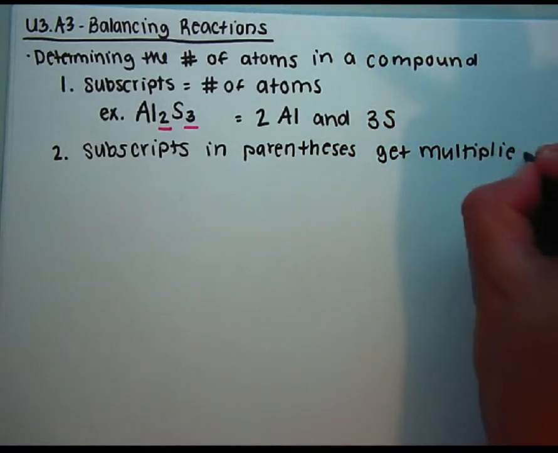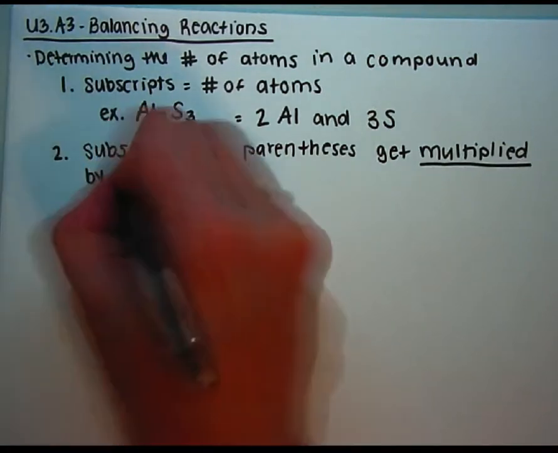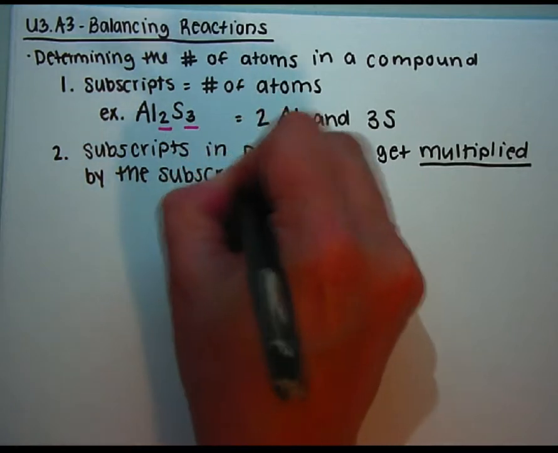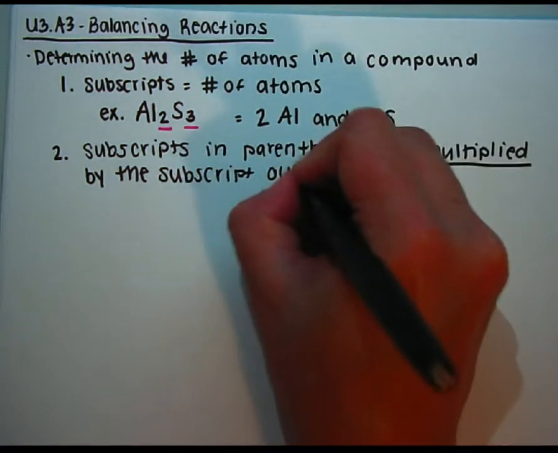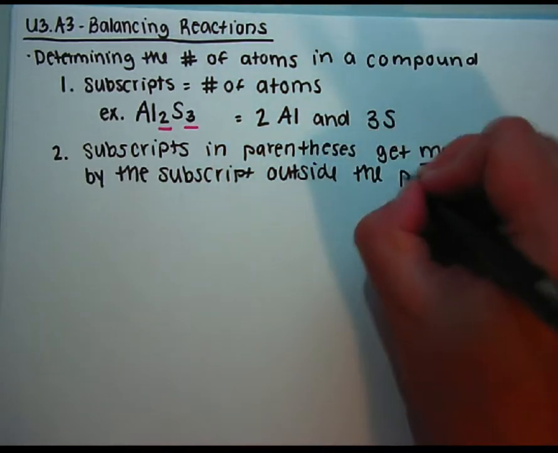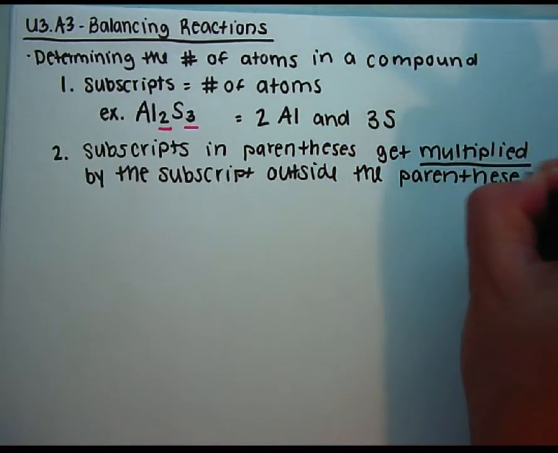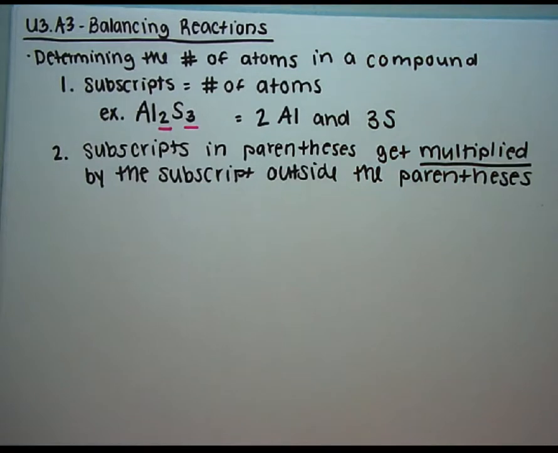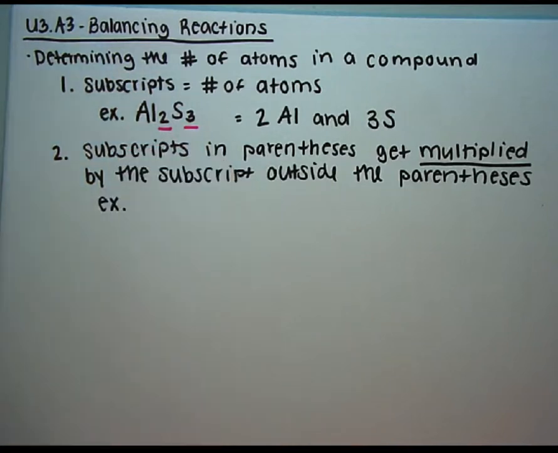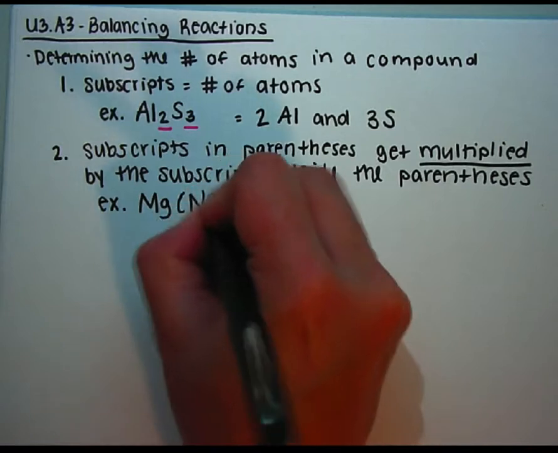They get multiplied by the subscript outside the parentheses. We're going to see this when we have an ionic compound with a polyatomic ion. Let's say I had magnesium nitrate.